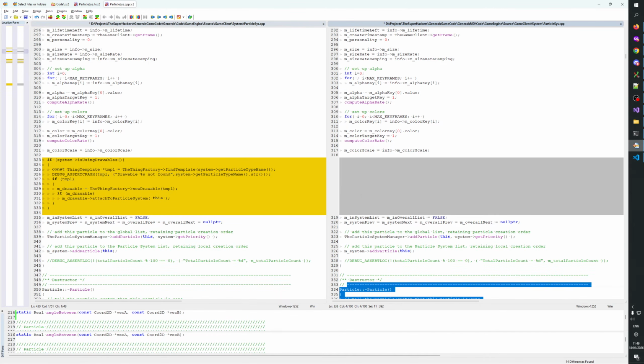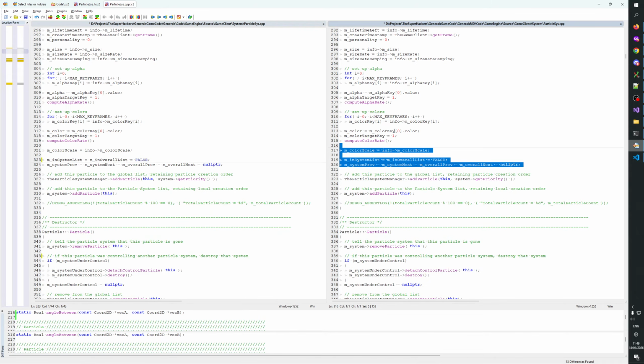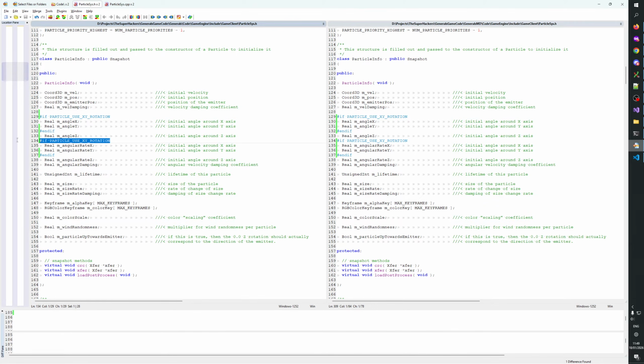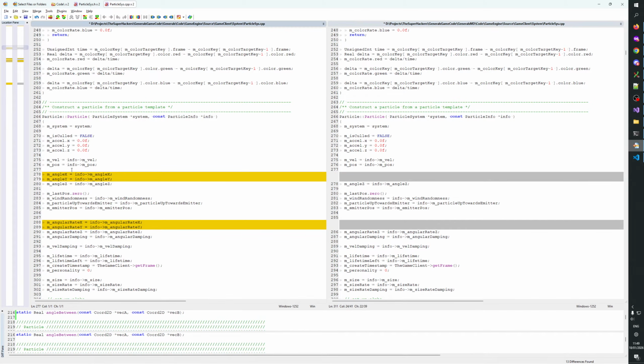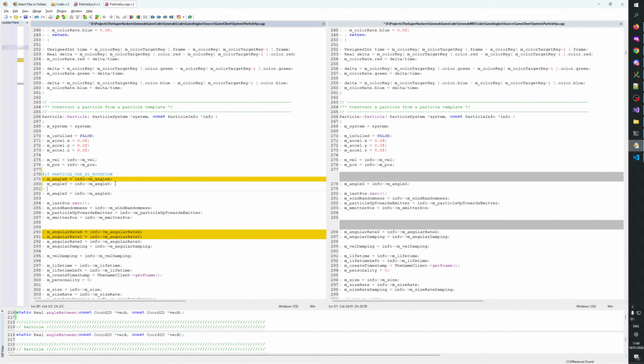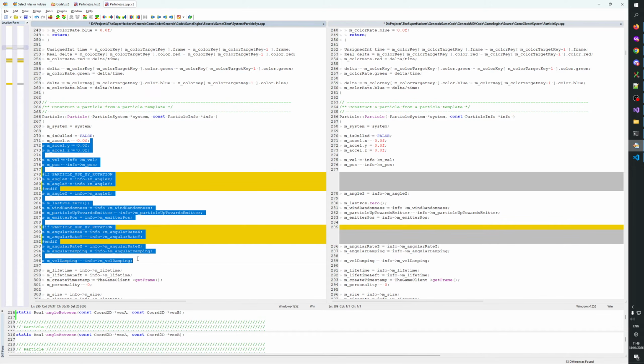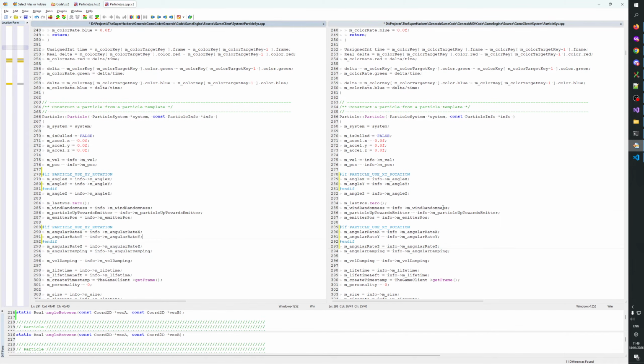Okay. Using drawables. New drawable. And here we have another of these guys. Okay, there we go.